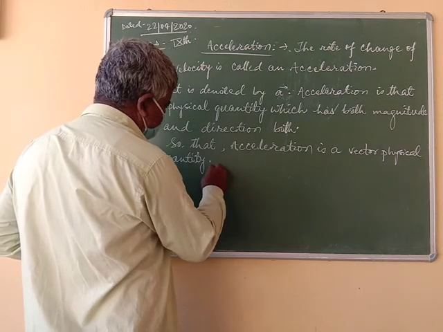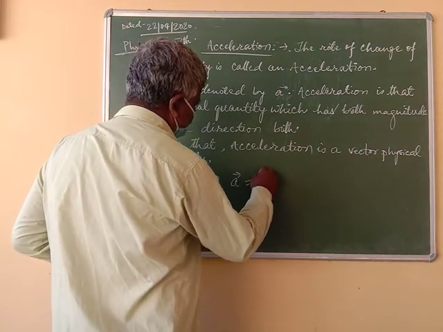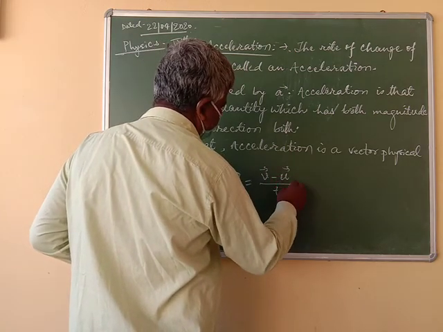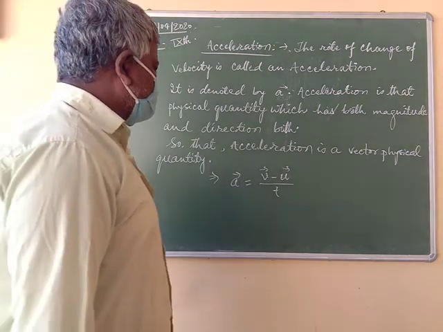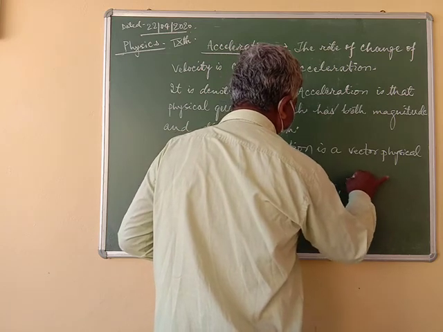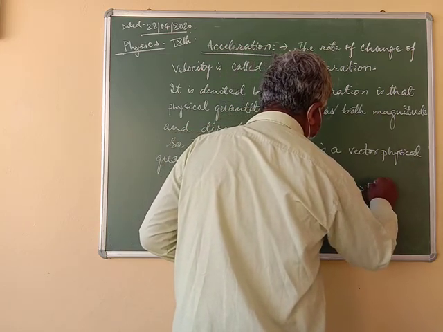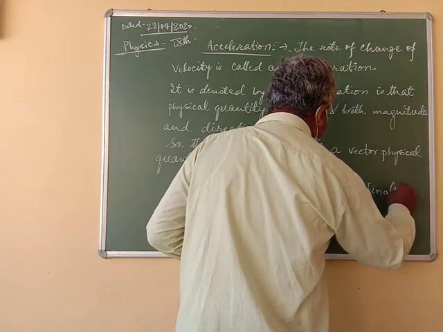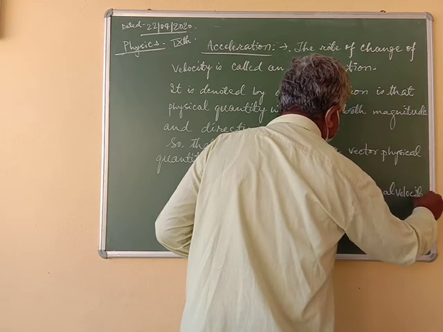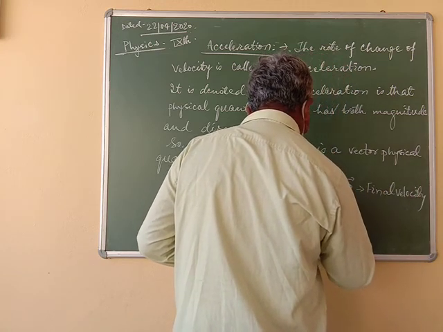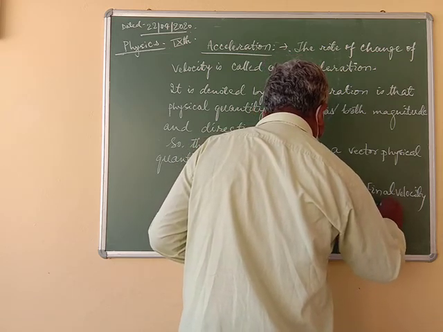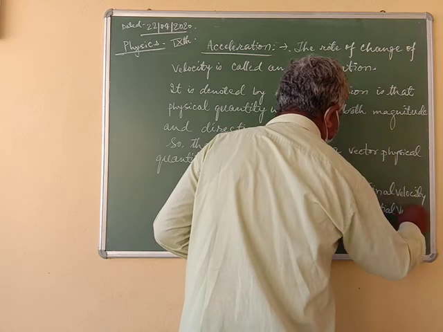And that is a equals v minus u over t, where v stands for final velocity and u stands for initial velocity.